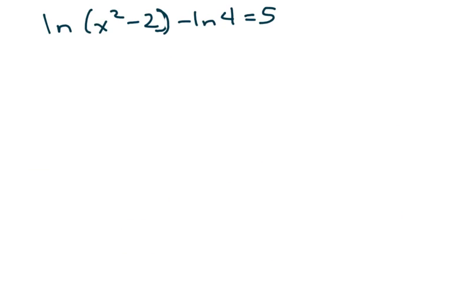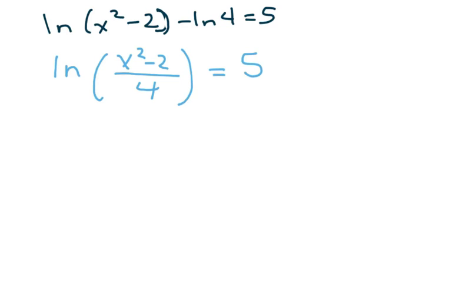We have one more. I saved the hardest for last, for those of you that held on and watched the whole video. ln of x squared minus 2 over 4, I'm writing it as a single log. Multiply this by 1. Move the 5 here. Cancel the e's. Okay, now at this point, let me rewrite it.